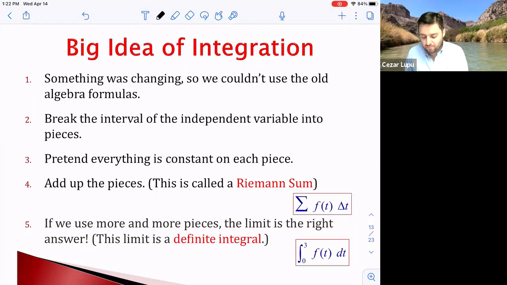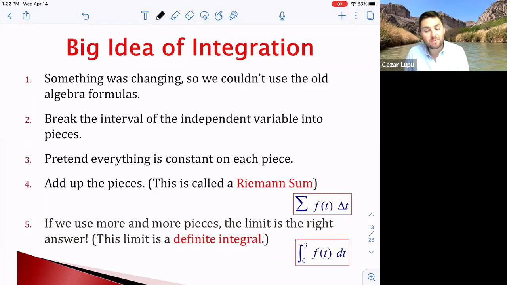So let's see what this is all about. As you can see, based on our previous experiments, something happened. First, something was changing, so we couldn't use the old algebra formulas. Second, when you break the interval of the independent variable into pieces, that's a little bit too much to do.